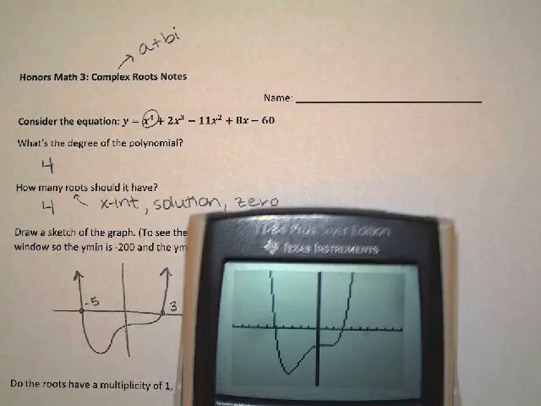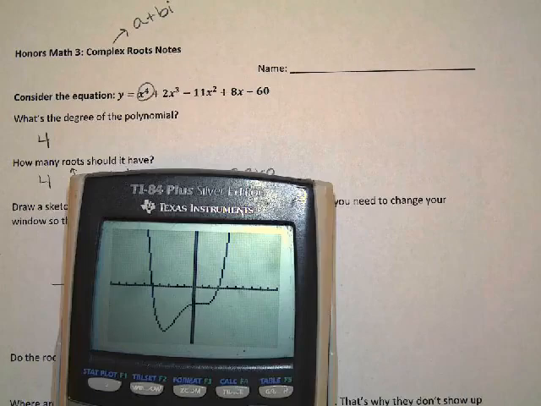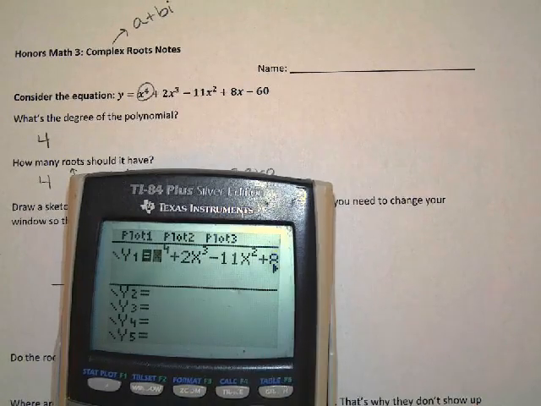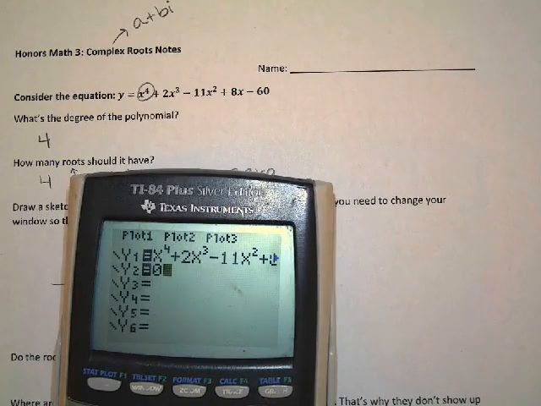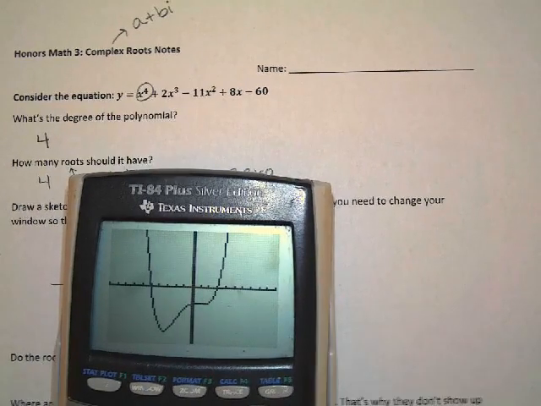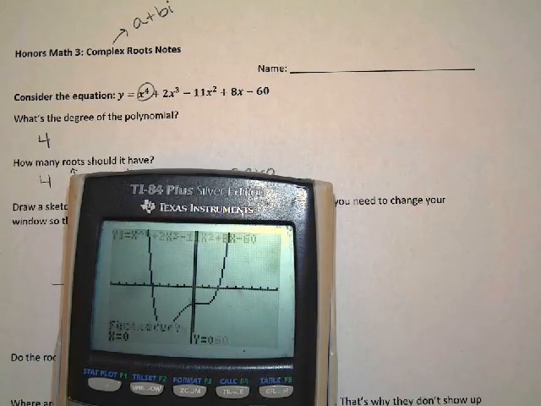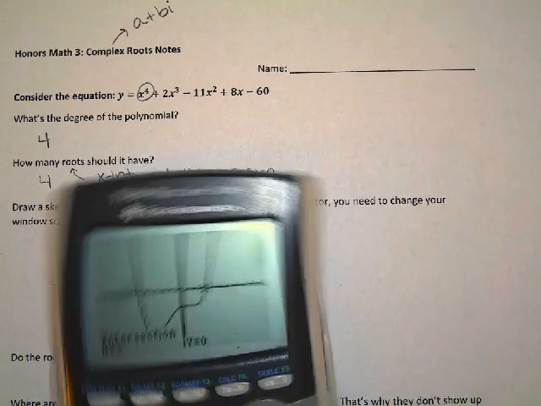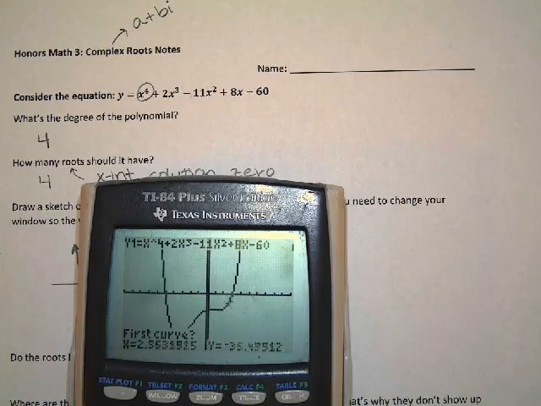Okay. So if I want to double check and see where the x-intercepts are, I can hit y equals, go down to y2 and make my y2 0. And then to find that I can do second trace, find the intersection. There's my 3, 0. And then my other intersection, I just have to move it closer to the other one.